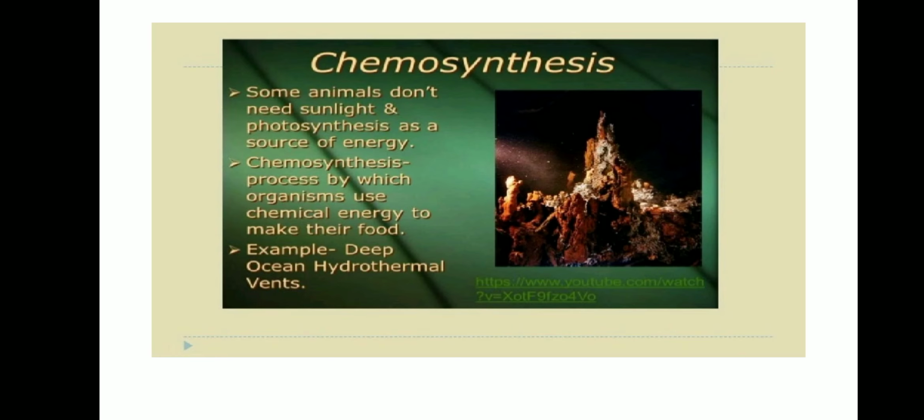Chemicals like ammonia and hydrogen sulfide are helpful for the bacteria to get food. So they utilize the energy from the chemicals. That's why it is called chemosynthesis. The process of preparing food with the help of chemicals is called chemosynthesis.